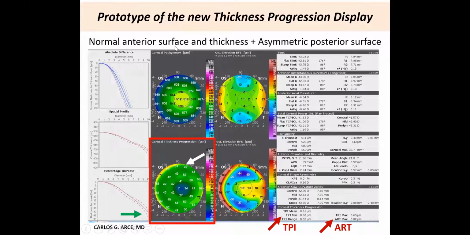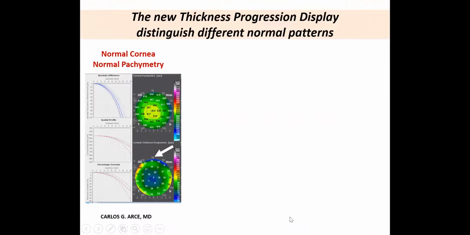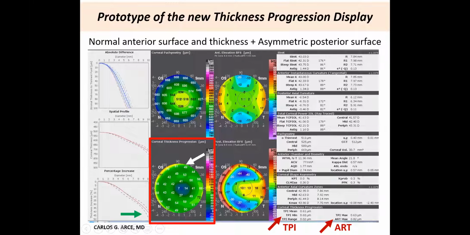See how the prototype of the display is. We have graphics, like in other devices. We have the TPI and the ART value that is in validation. And we are also going to have this spatial map.